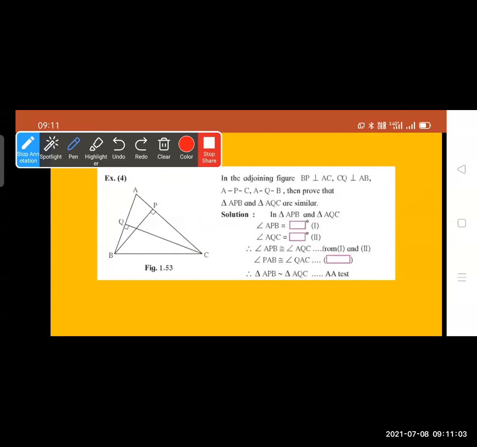In triangle APB and triangle AQC, it is necessary to write which two triangles are similar. So you first write these two triangles.